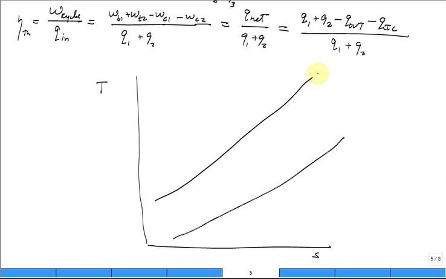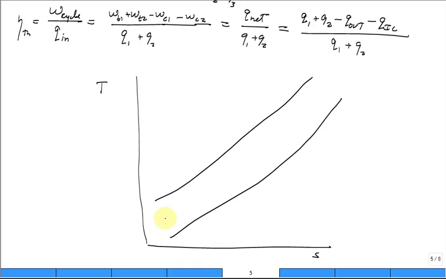I need to make them both steeper, sorry. Like that. And we're going to have an intermediate pressure over here for the compressor, and an intermediate pressure over here for the turbines. They don't have to be the same pressures, so that's why I don't draw that line in between. But these are lines of constant pressure.